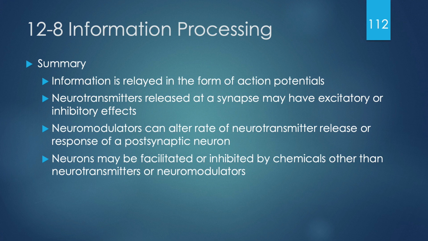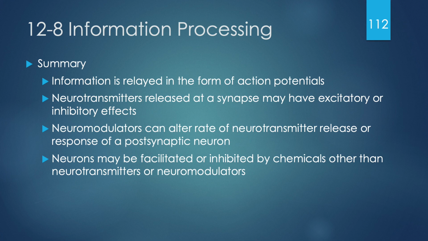So these are the big take-home points of the chapter. Information is relayed in the form of action potentials, and this is with a graded depolarization that will then trigger an action potential if it rises to threshold. If it doesn't, then it's just like a wave that will dissipate over time and be ready for the next incoming stimulus. Neurotransmitters are released at a synapse, and these can have excitatory or inhibitory effects on the postsynaptic tissue.